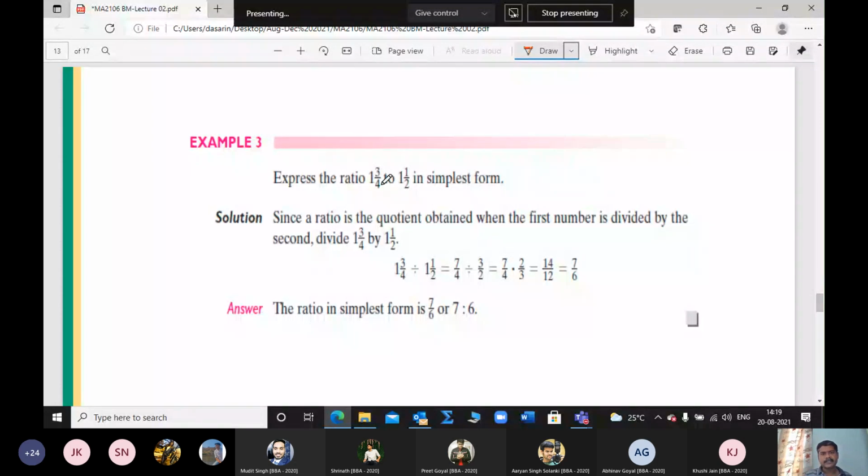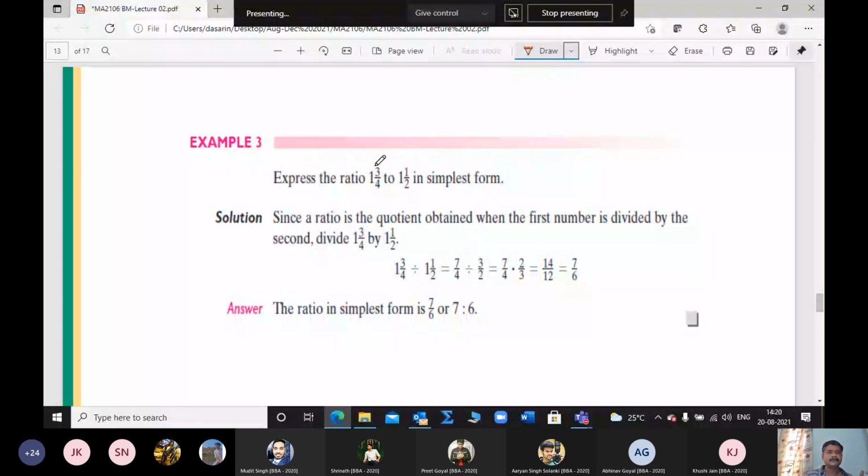The mixed fraction rule is that it is like A B by C form. If you see this way, what you will do is, you multiply A with C. That is, as far as this example is concerned, we will be multiplying 4 with 1. And then to that answer, we will be adding 3.